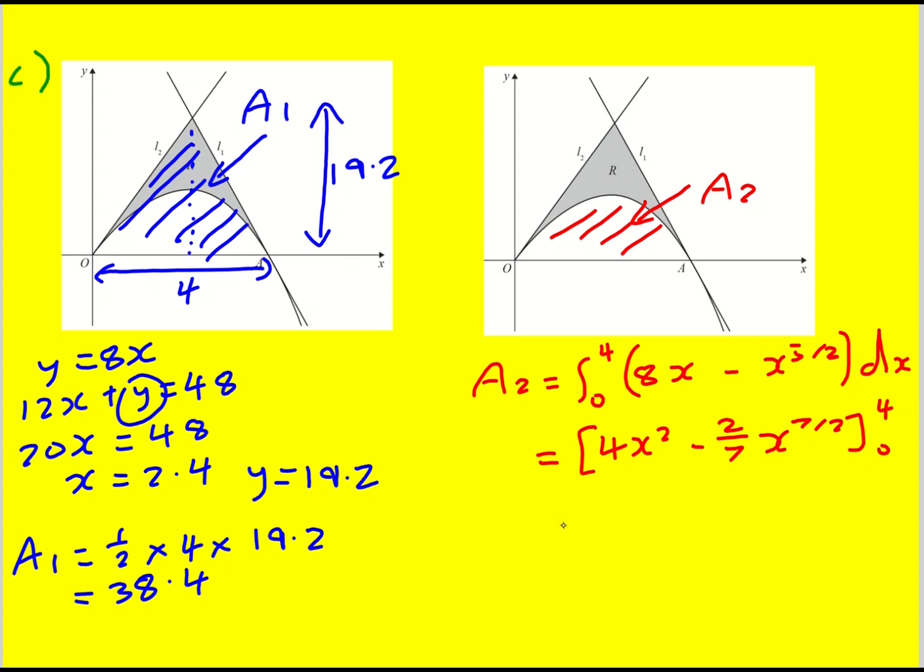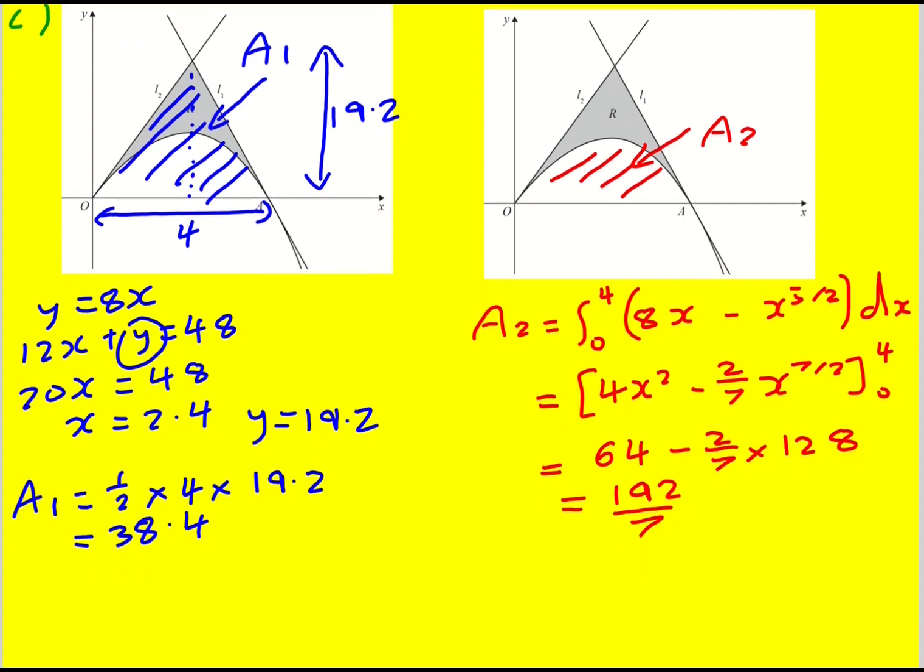Evaluated between 0 and 4. Substitute 4 in, I'm going to get 64 minus 2 over 7 times, and you can just put this in your calculator, or you could square root the 4 to give 2, raise it to the power of 7. You end up getting 128. And then bringing this together, use a calculator, we get 192 over 7.